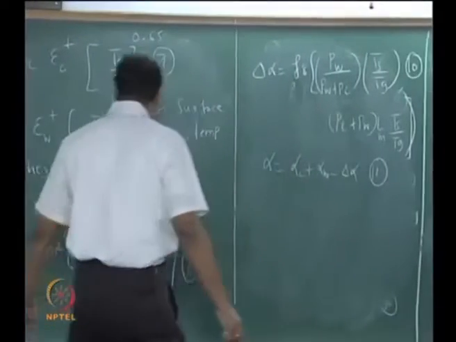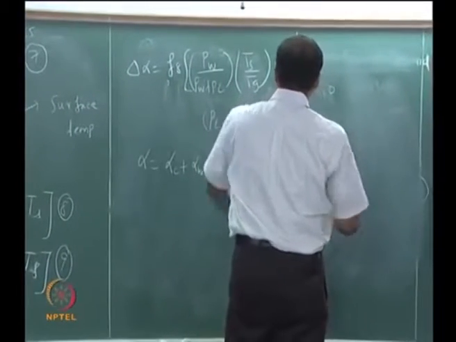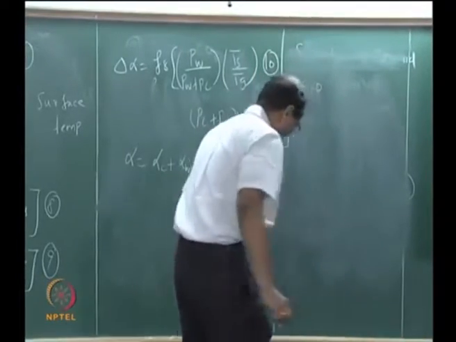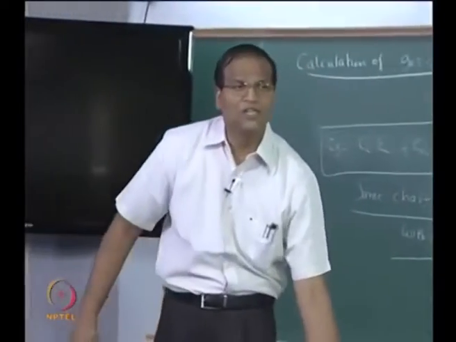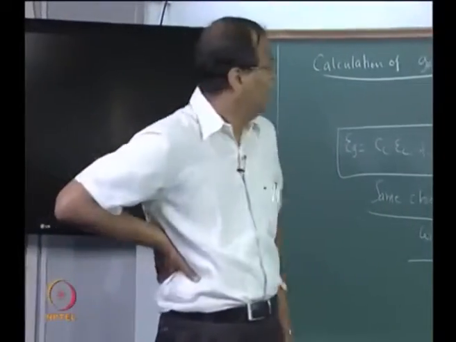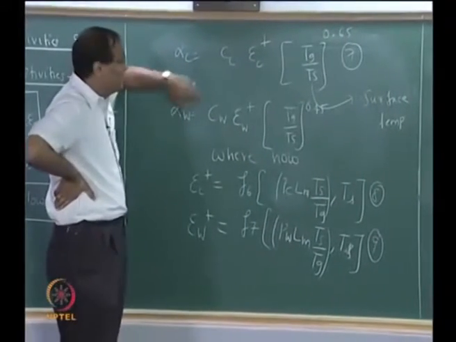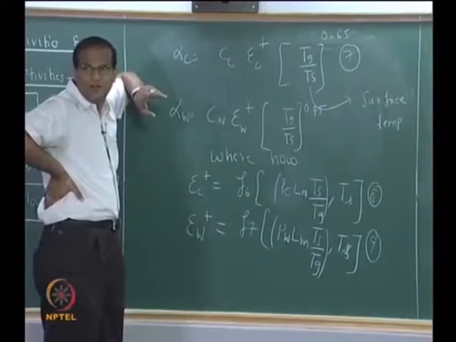The chart has got two. No Tg. So use the same charts. Again, you have to use the charts 5 times. One to again calculate alpha C, alpha W, but fortunately CC and CW are the same, so that you have to read only once.